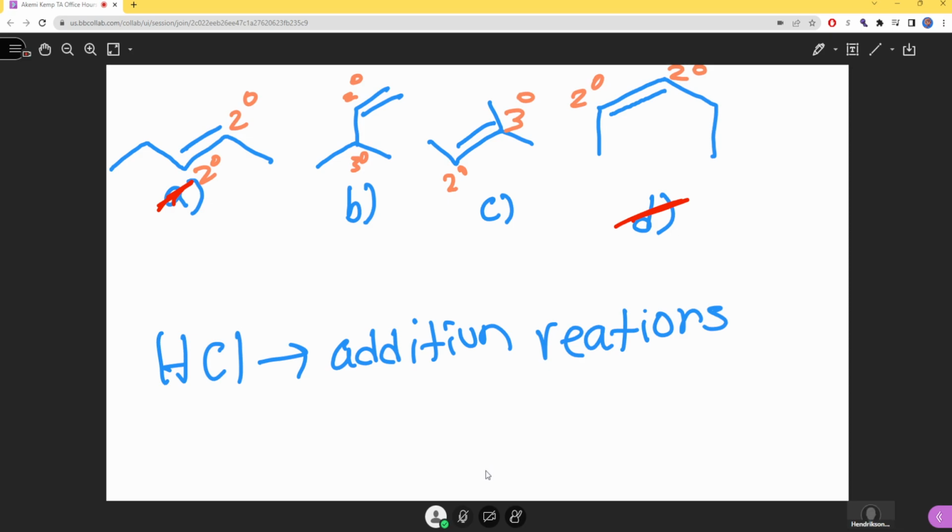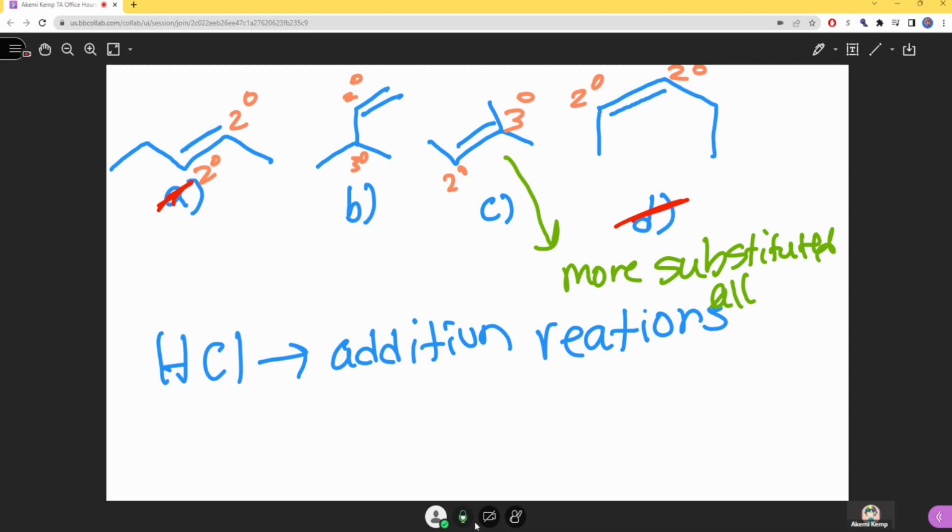It's closer to the substituents, like the 2-methyl. Oh, in other words, it's more substituted, right? Mm-hmm, yeah. C is a more substituted alkene than B. I choose C because I think it didn't have rearrangement.